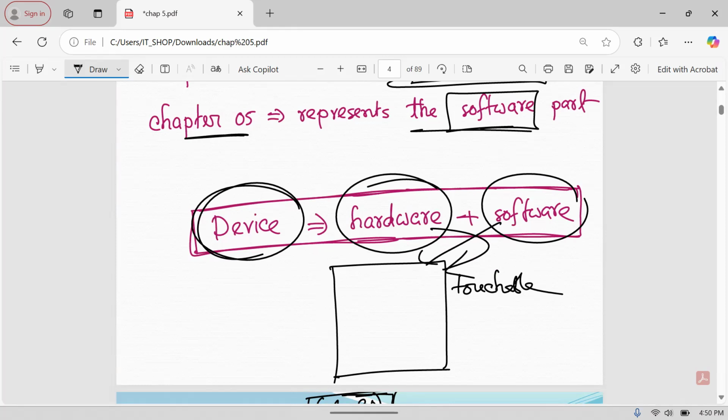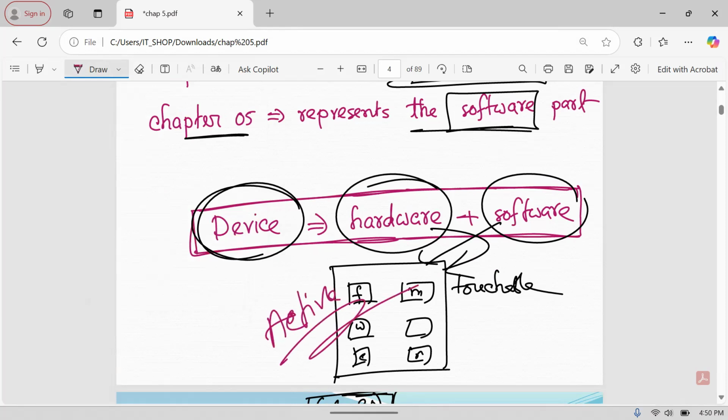If I talk about software, just imagine you are using some applications like Facebook, Messenger, WhatsApp, contact list, messaging. The apps we are using inside are the software part, and this device will be activated when the software part and the hardware part are combined.